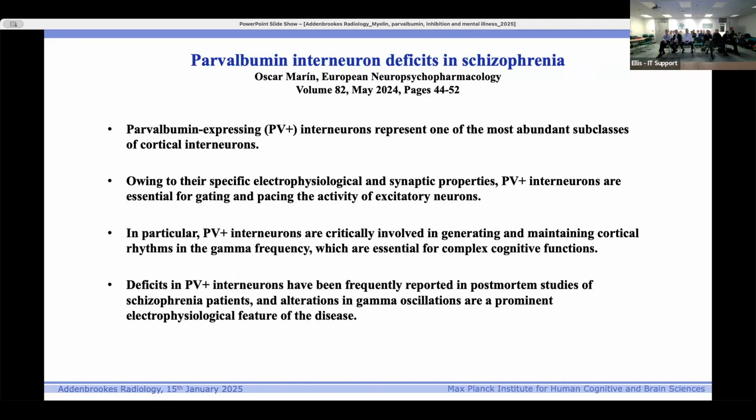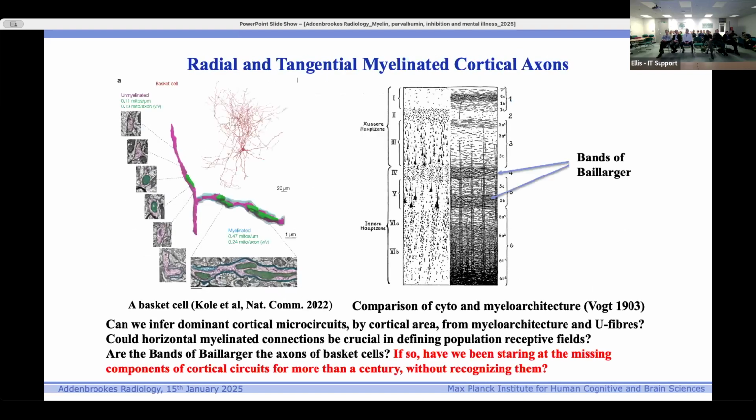Parvalbumin interneurons are critically involved in generating and maintaining cortical rhythms in the gamma frequency, which are essential for complex cognitive functions. Deficits in parvalbumin interneurons have been frequently reported in post-mortem studies of schizophrenia patients, and alteration of gamma oscillation is a common electrophysiological feature of the disease.